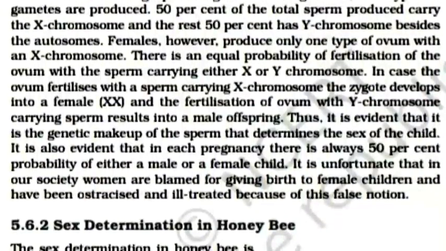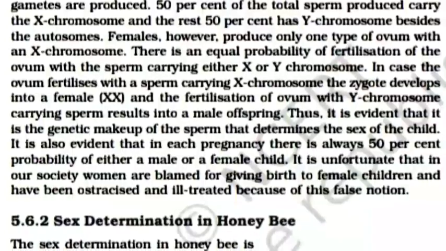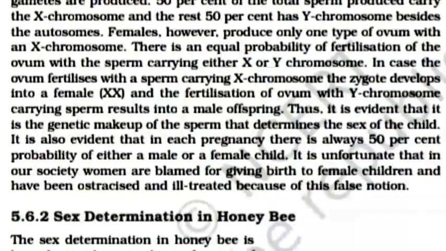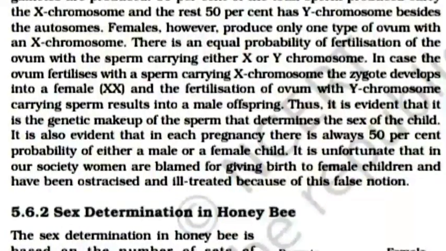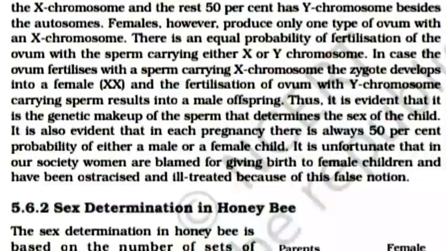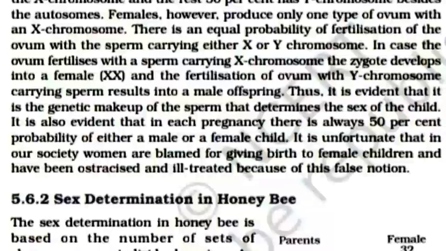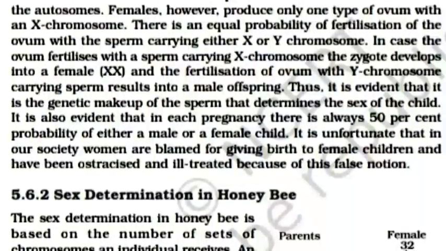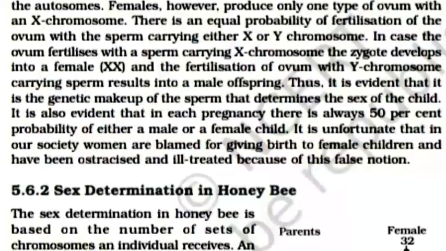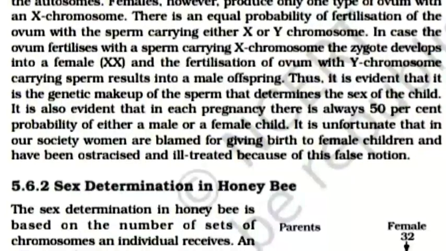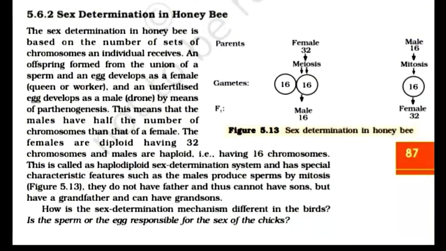It is also evident that in each pregnancy there is always a 50% probability of either a male or a female child. It is unfortunate that in our society women are blamed for giving birth to female children and have been ostracized and ill-treated because of this false notion.